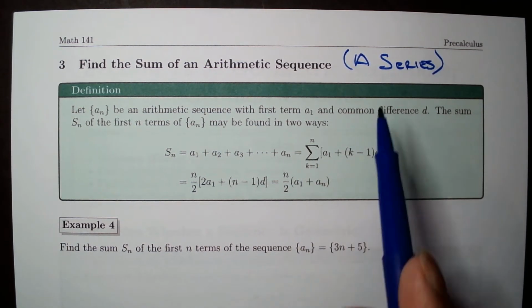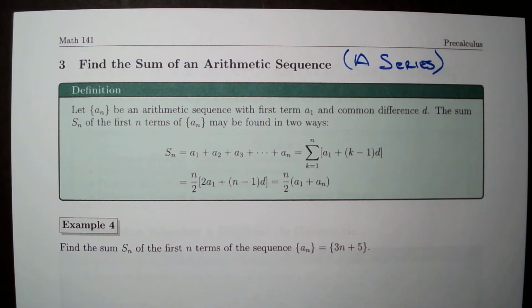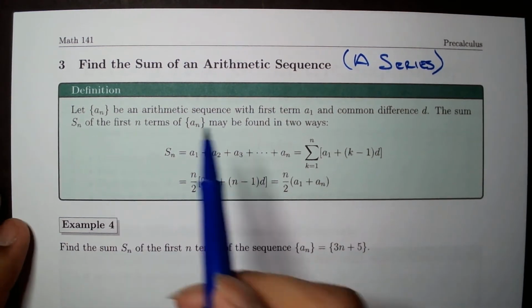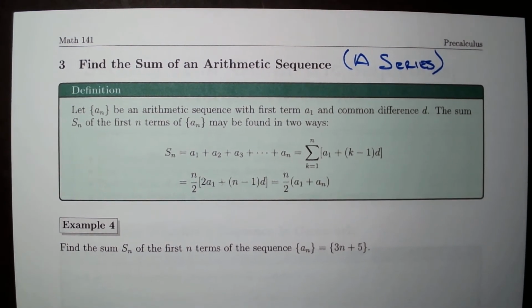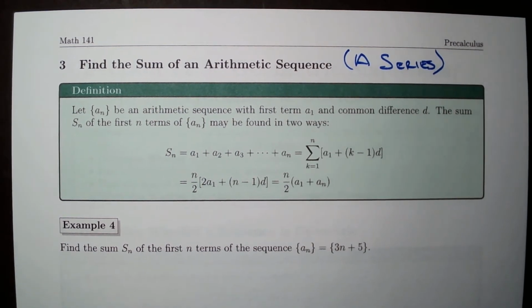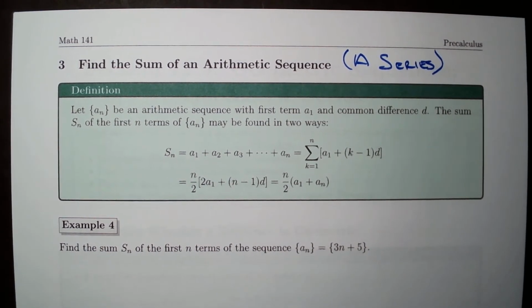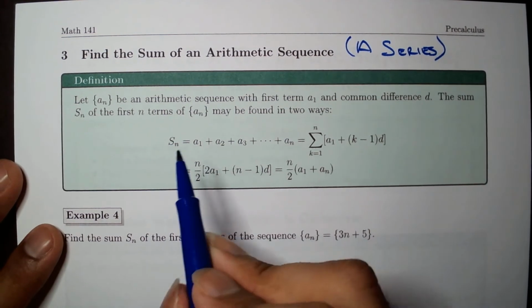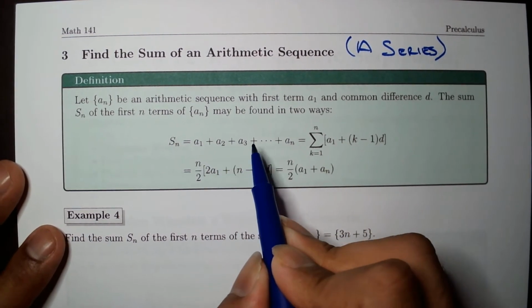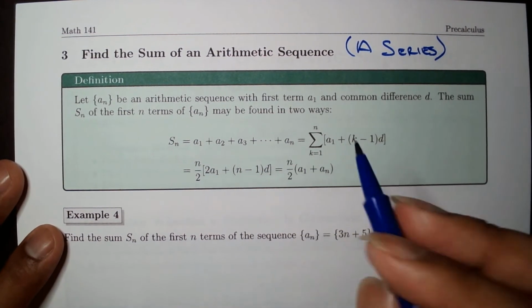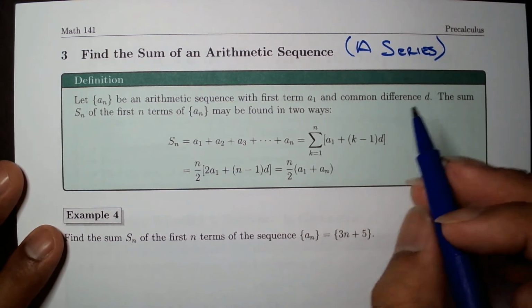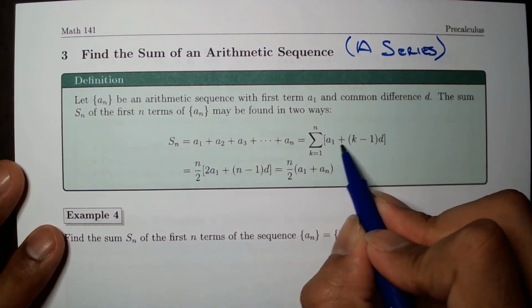So that's a series, and then we have to add all of them. The formula to add the n terms of an arithmetic sequence, say a sub 1 plus a sub 2 plus a sub 3 plus dot dot dot a sub n, we use this formula.